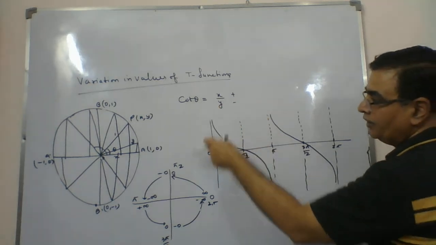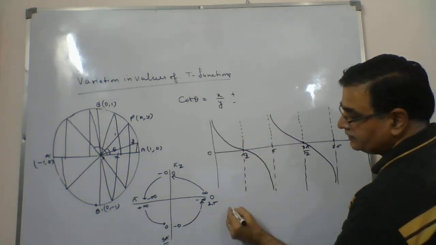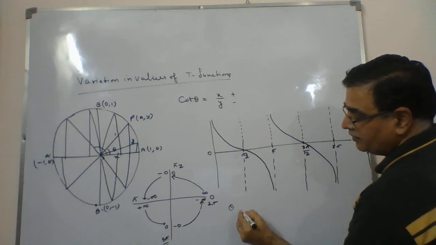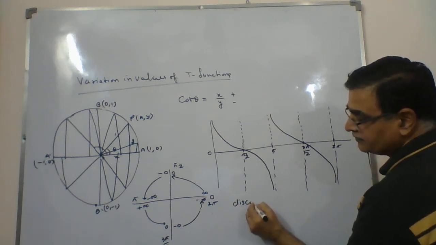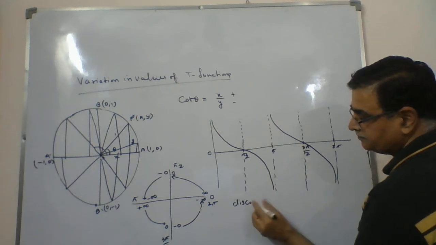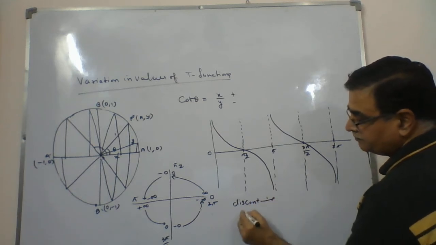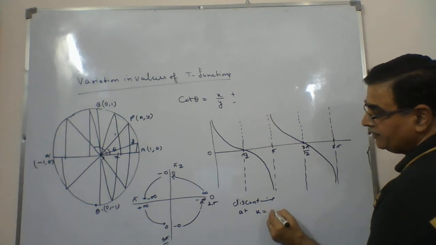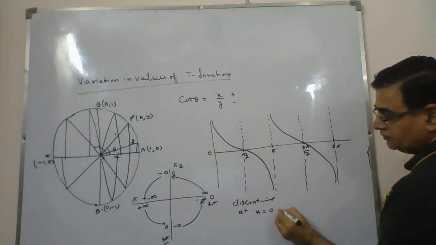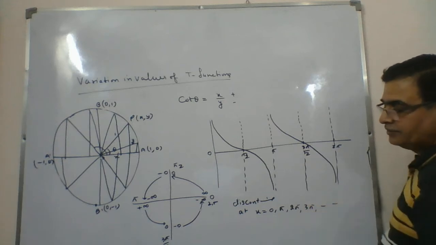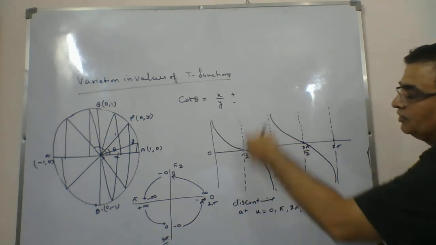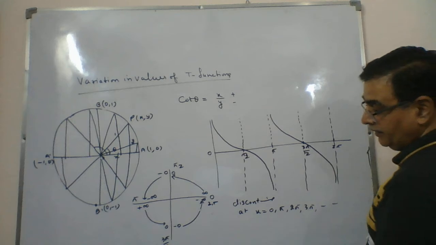Where it is broken, we will say it is discontinuous. First I'll write discontinuous at x equal to 0. Then pi, then 2 pi, then 3 pi, and so on. Discontinuous it will be, because it is going to break.